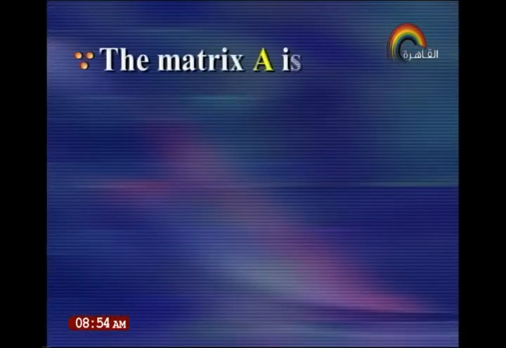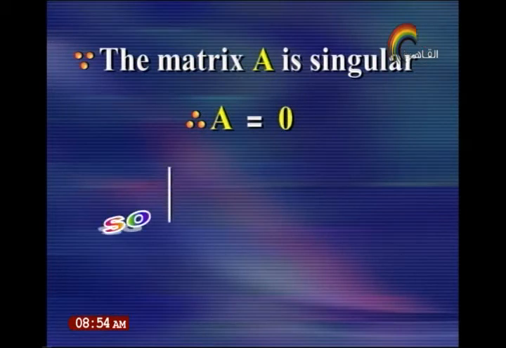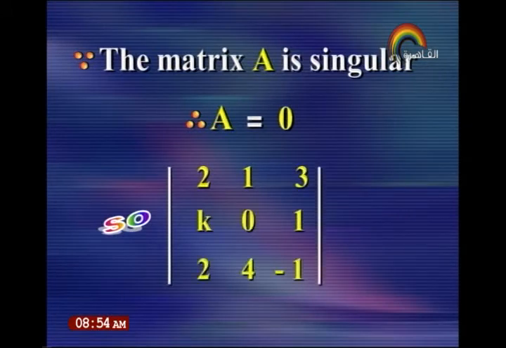Look at the student, the matrix A is called singular. What do you mean? Determinant equal 0. So find the determinant of matrix A and it must be equal 0.